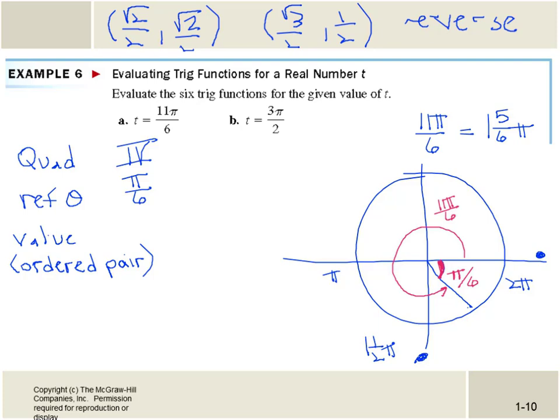Because 11 pi over 6 plus the reference angle makes 2 pi. Doesn't it? Okay, good. Richard, how about you? Yep, it makes sense as well.